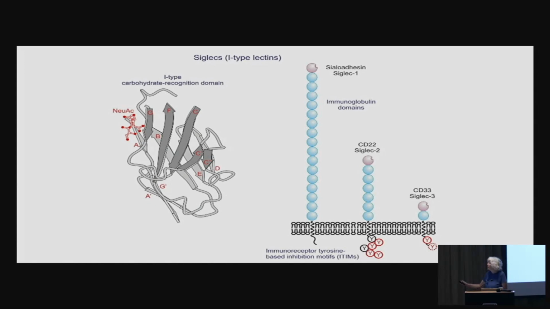This is the I-type CRD, as you can see here. These other Ig domains are not involved in the sugar recognition, just this domain at the end. Many of these have signaling motifs in their extracellular regions, so these are typically involved in cell adhesion and cell signaling.